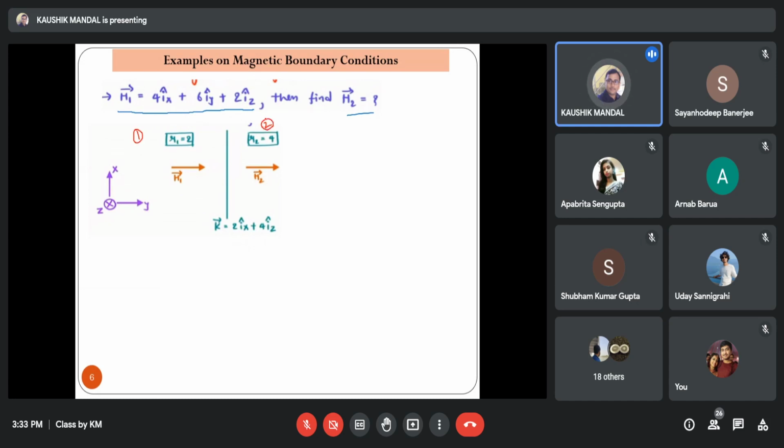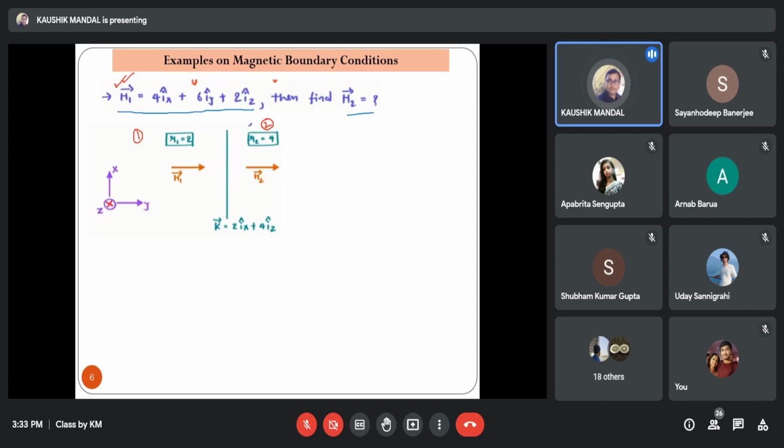In medium 1 the corresponding magnetic field is given. The x direction is parallel to the interface of these two media. And what about the z-axis?